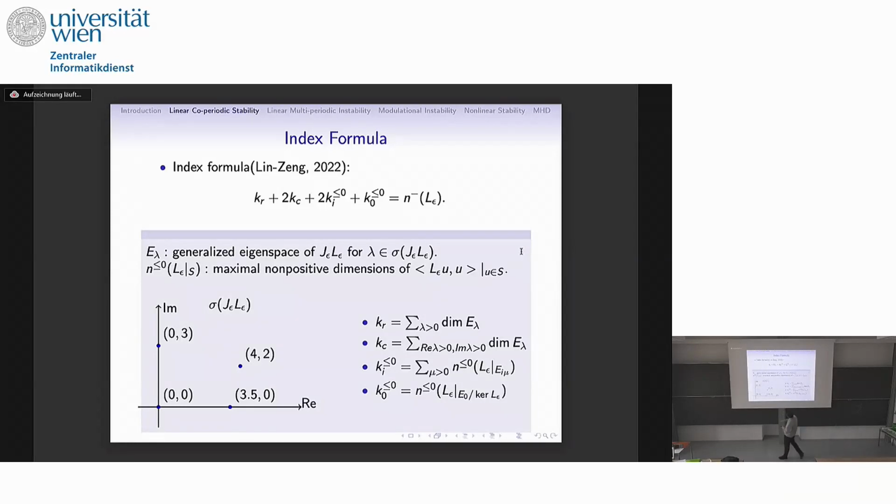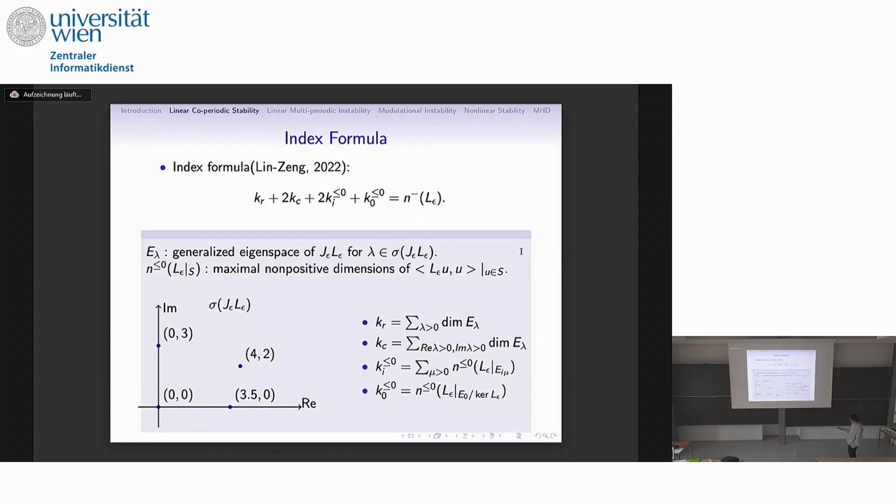And for K0, we count the number of non-positive directions restricted to the generalized kernel space. So these four numbers add up to the number of negative eigenvalues of L. If one of the first two numbers is not 0, we get instability. In particular, if the right-hand side is equal to 0, we get spectral stability.